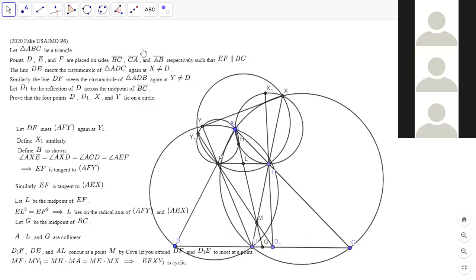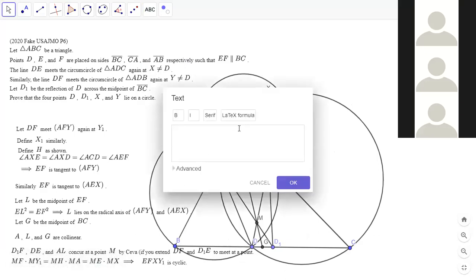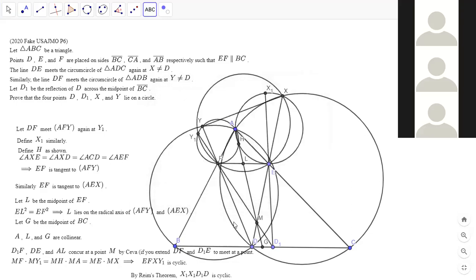So I'll start out by using Reim's theorem. Let's see if we can prove that those are the same circles.